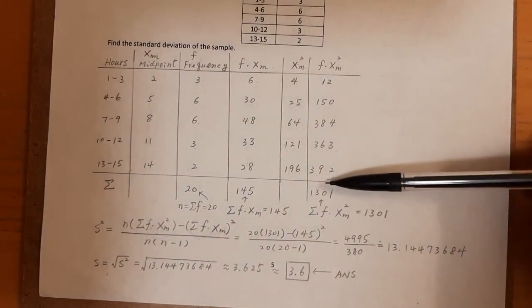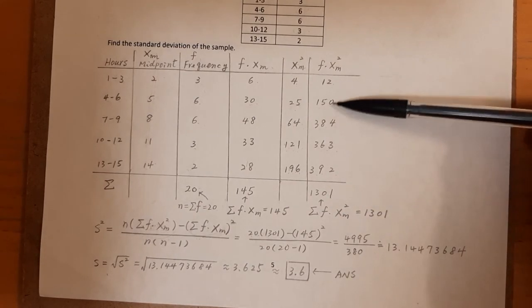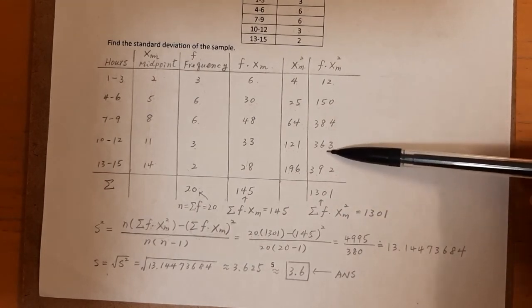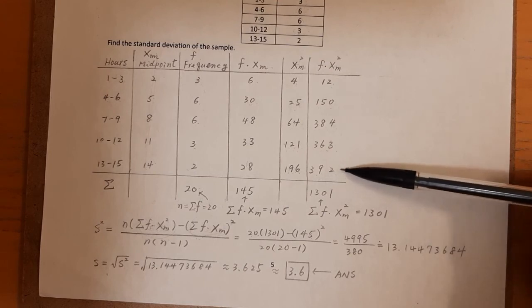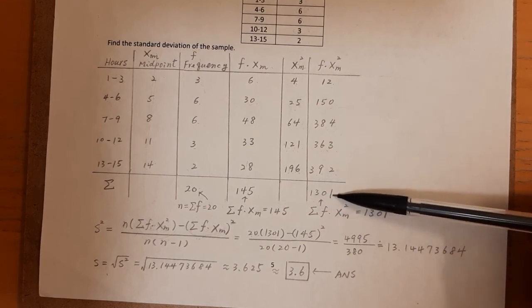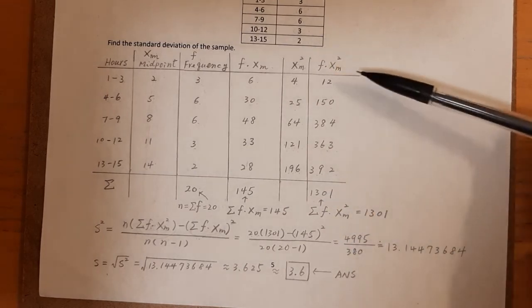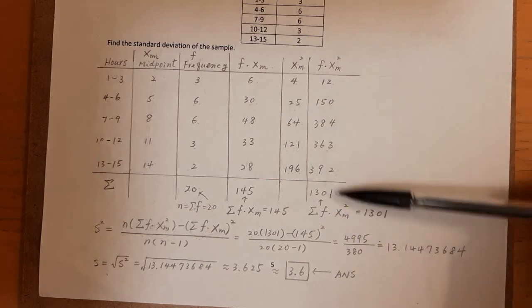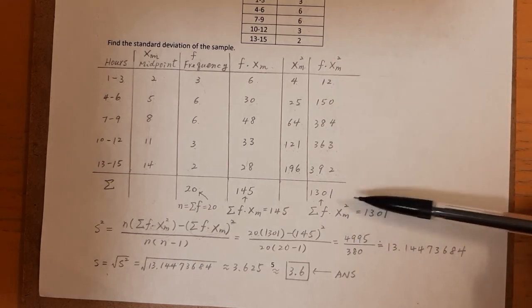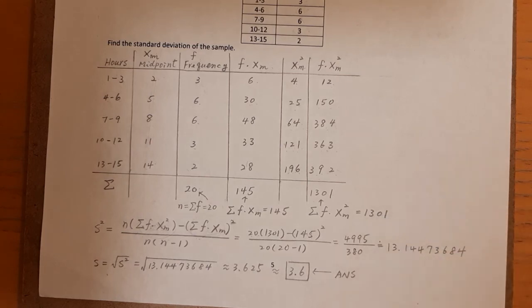Then add together: 12 add 150, add 384, add 363, add 392, get 1301. This is the summation of frequency times midpoint squared, equal 1301.